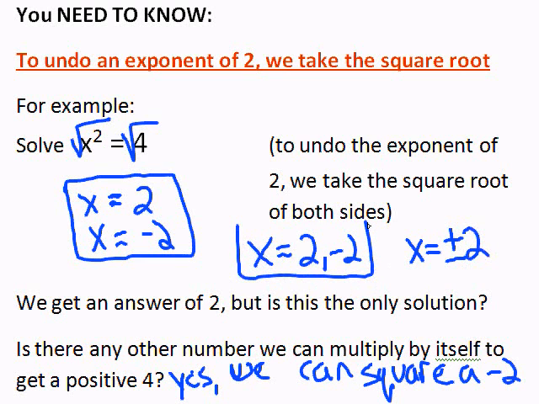All of these are different ways of writing the same two solutions, one of which is positive and one of which is negative. Again, the point you need to know from this is that to undo an exponent of 2, you take the square root of both sides. When you take the square root of both sides, you end up with a positive and a negative answer.